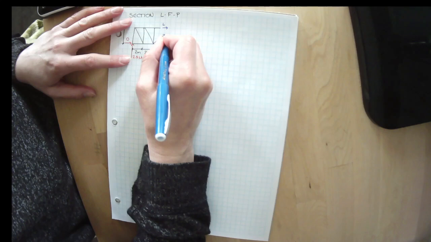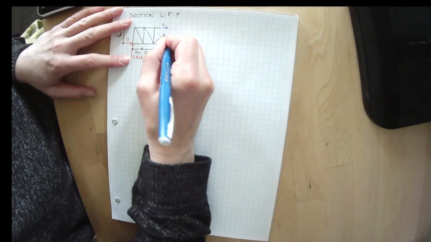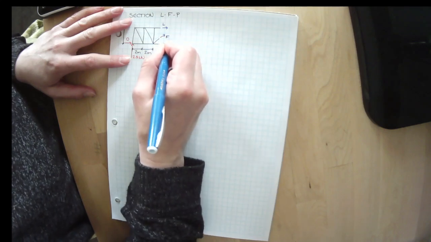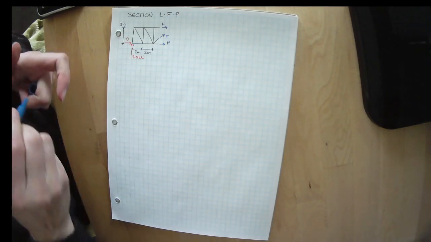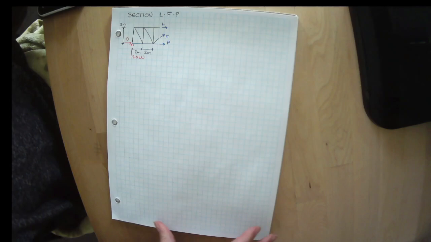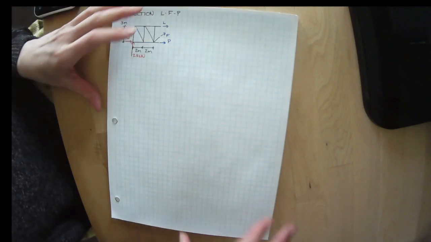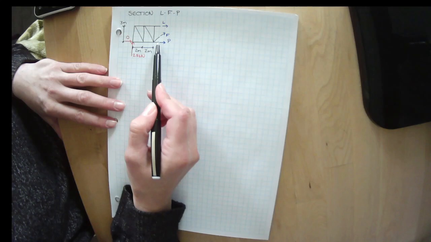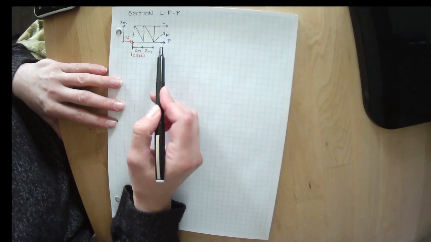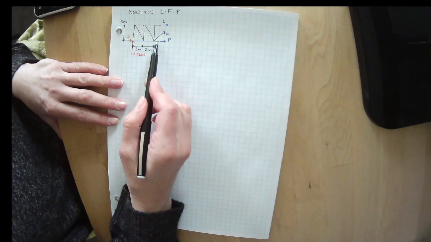L, F, and P. I'm going to use the tricks I have available to me to solve for these. F, I know, is in that same angle. That angle is the same where each bay is 2 meters wide and 3 meters tall.